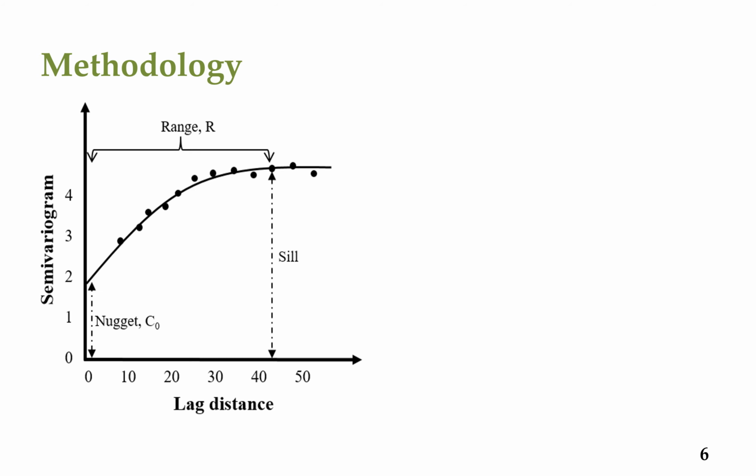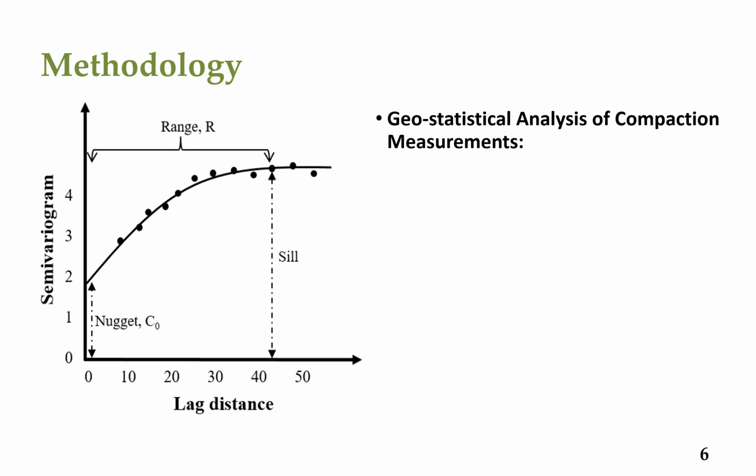As you can see here, the geostatistical semi-variogram model has three parameters: range, sill, and nugget. In this study, higher range values and smaller sill values are interpreted as better uniformity and consistency.